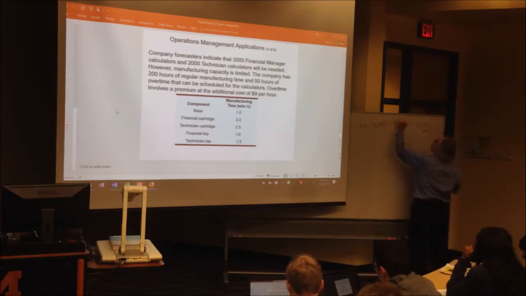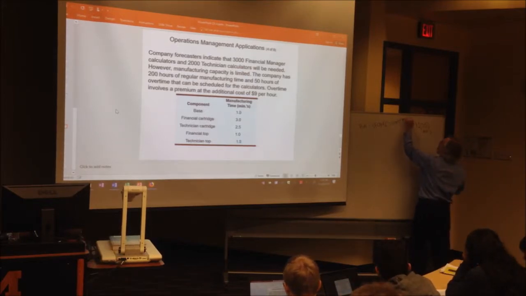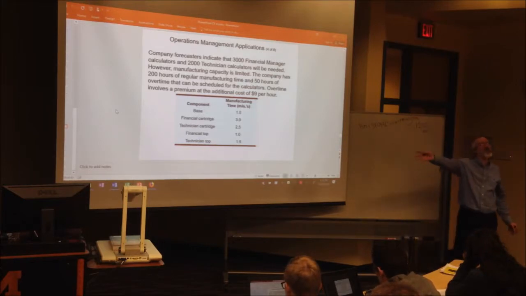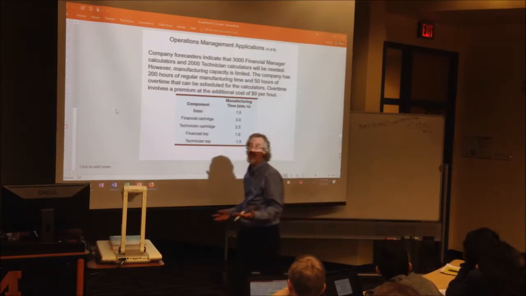FTM, just 1, so I'm not putting a 1 there. And then plus 1.5 technician top, what is that, TTM? TTM. There's the constraint that represents that 12,000 minutes, or really 200 hours.